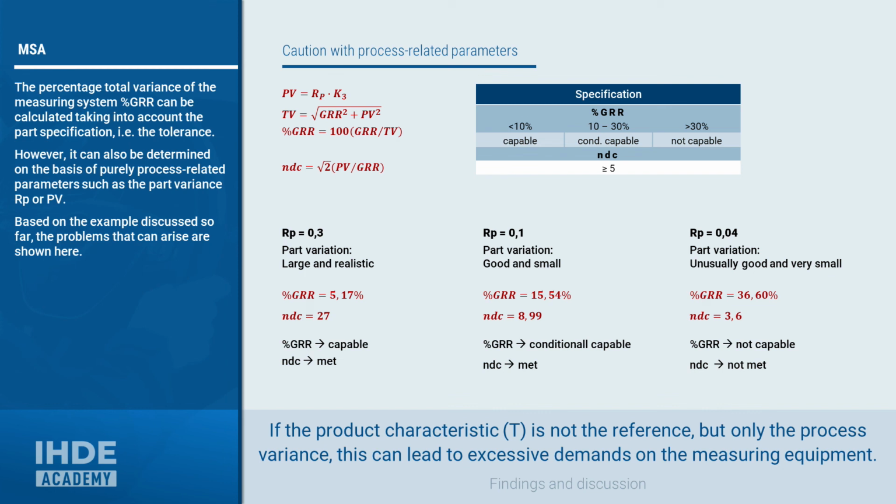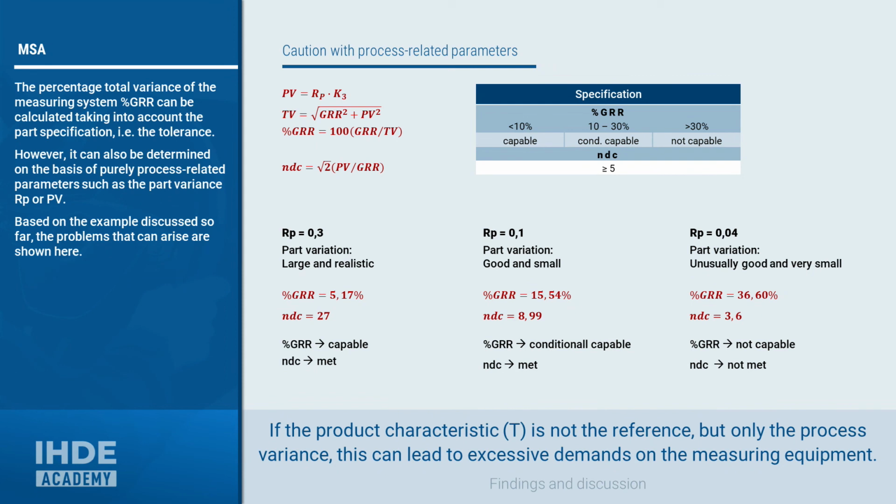It is possible to have a manufacturing process that produces pistons whose diameters vary within a very small range, just like in our example. In other words, under certain circumstances, the permissible tolerance is not even remotely utilized.